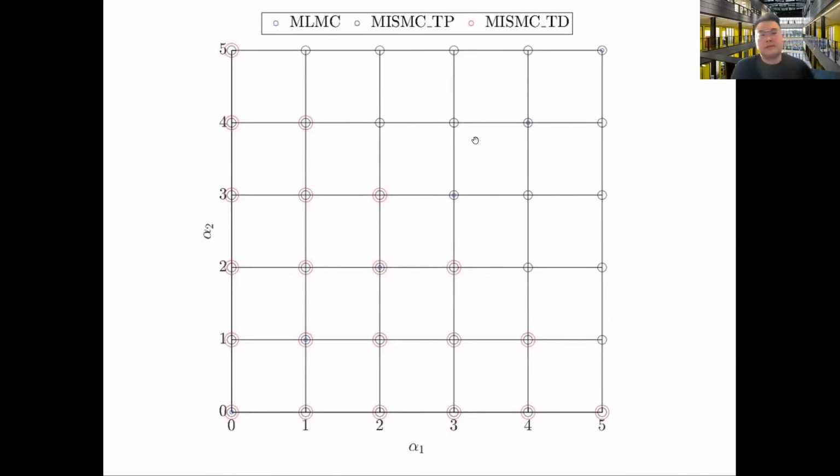It turns out that we may introduce some bias because we get rid of these points, but at the end of the summation, we have computational savings with the total degree index set while giving the same error requirement. Okay, so we can see this blue circle is the multi-level set. Actually, we only consider the diagonal here.